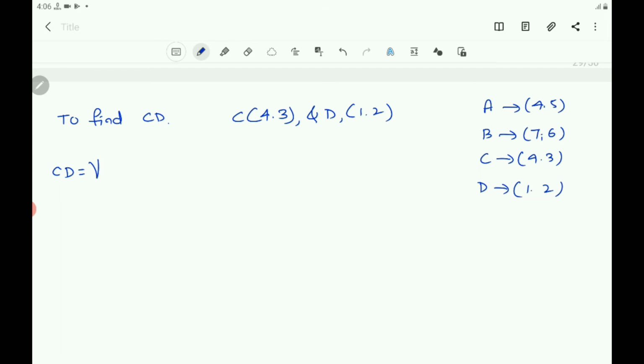CD equals the whole root of (x2 minus x1) whole square plus (y2 minus y1) whole square.